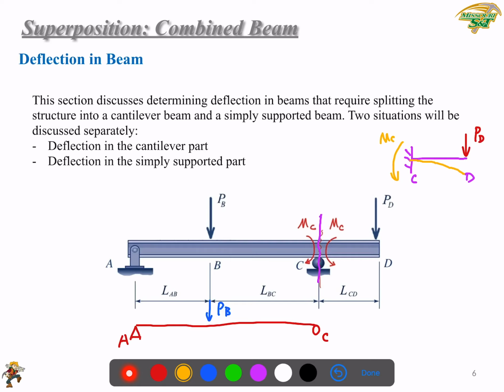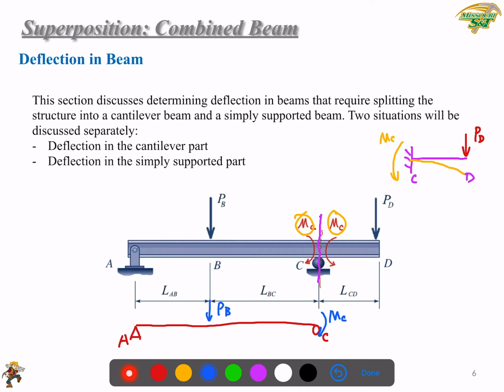Right, to balance this MC, the MC will also be applied to this simply supported part AC. So you have MC here and MC here. So this simply supported part AC will also be subjected to a bending moment at the point C. This is MC.